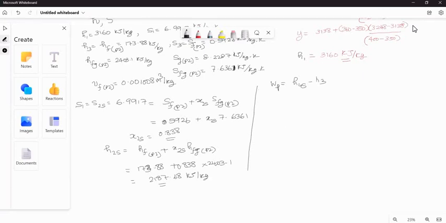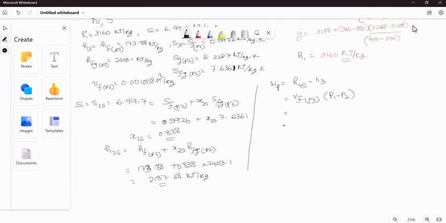But H4S, as you did not know it, we can write the equation as VF at P2 into the pressure difference, P1 minus P2. This equation we have to memorize, otherwise you cannot solve it.